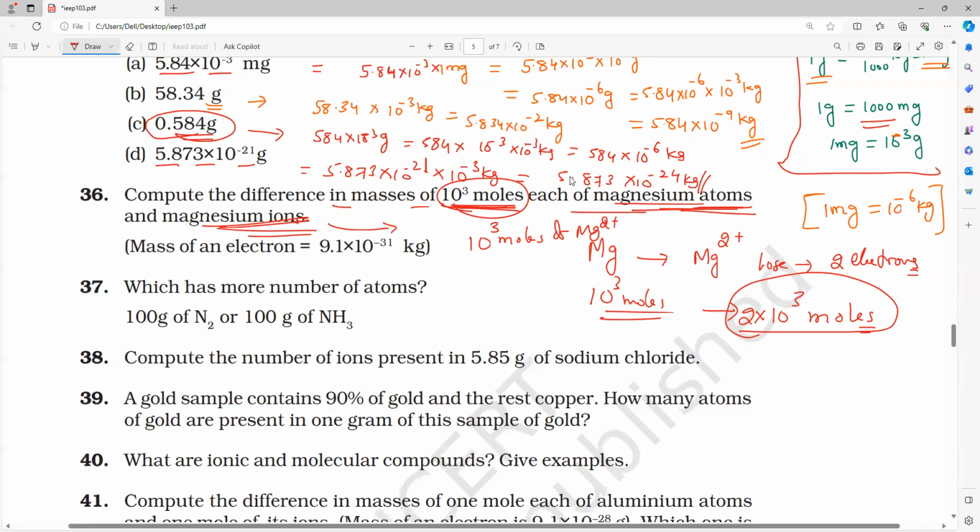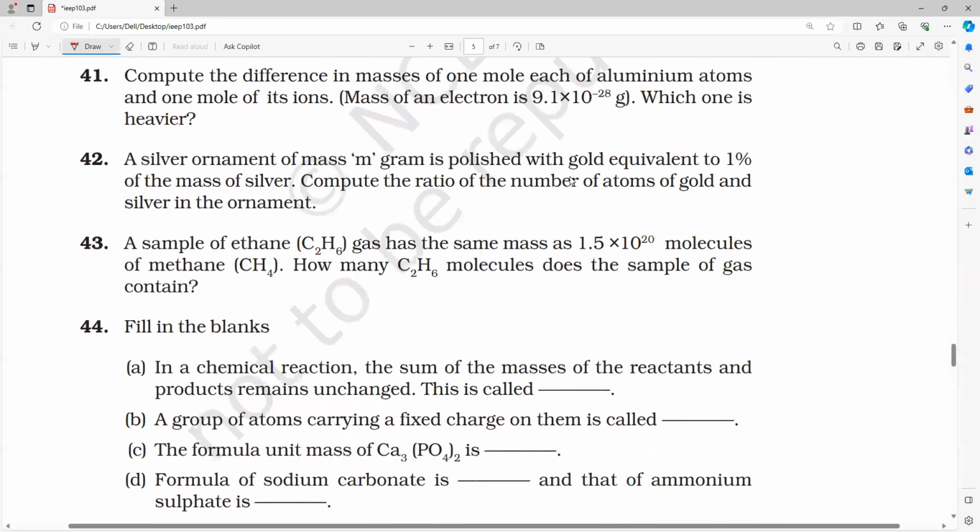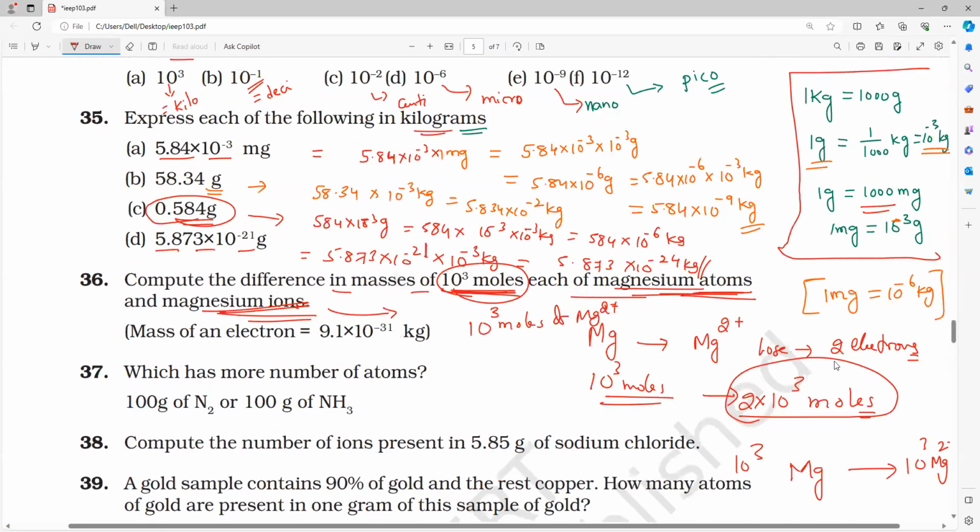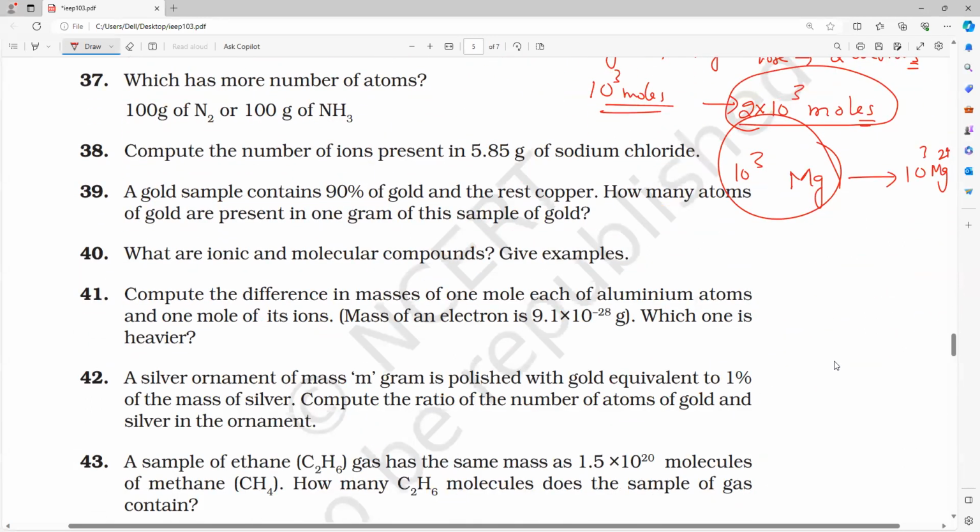We have 10 power 3 magnesium atoms, and the same 10 power 3 magnesium ions will come. But electrons alone, how many will come? Each atom gives 2 electrons, so the number of electrons is 2 into 10 power 3 moles. Do you all understand? Clear, guys?